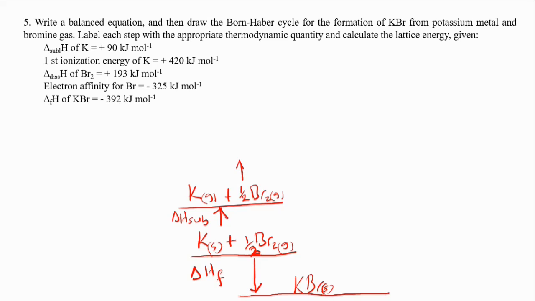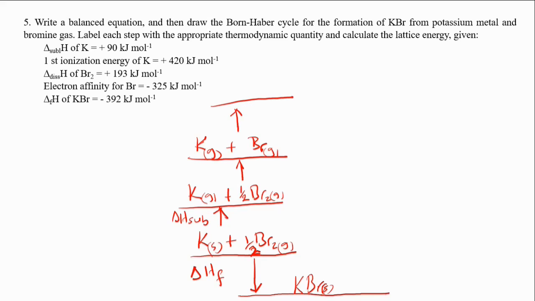So what we'll do is break the bromine molecule down into bromine atoms, Br, gaseous atoms, plus gaseous potassium, I should say, sorry. These arrows keep pointing up because all of these processes are endothermic.